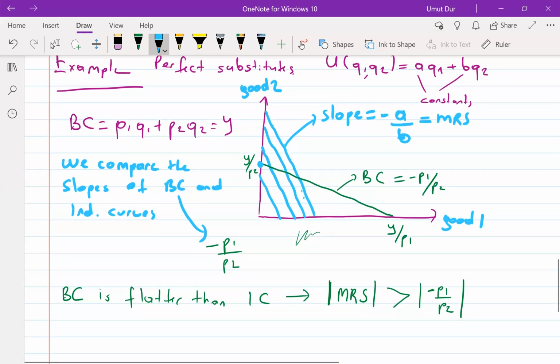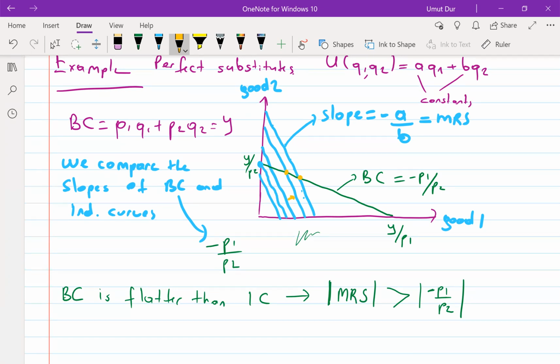There is an indifference curve which intersects this point, where I only consume good 2, and I have this much utility. But I can achieve more utility, because there are points still on the budget constraint.